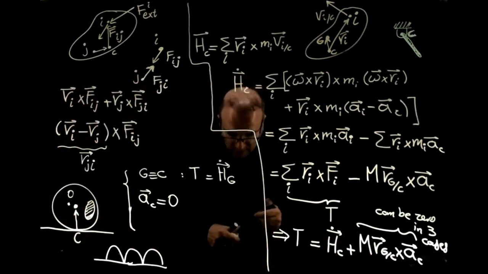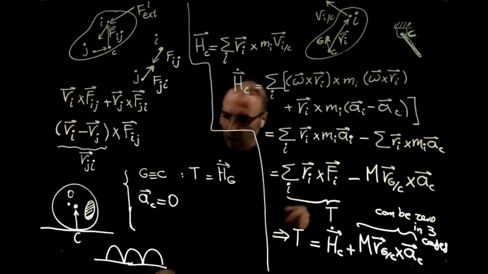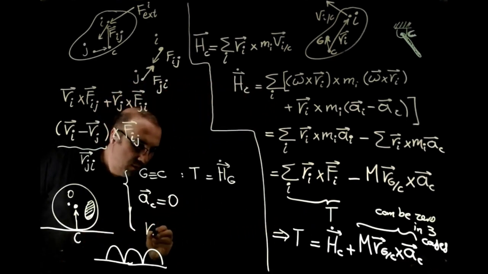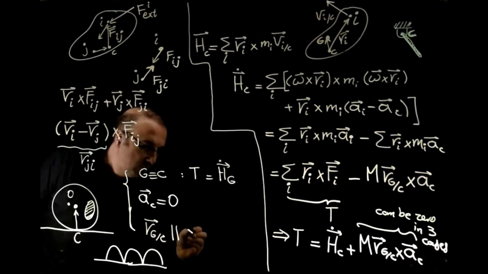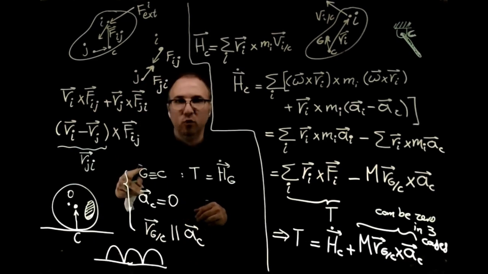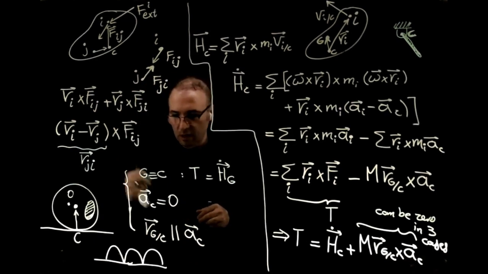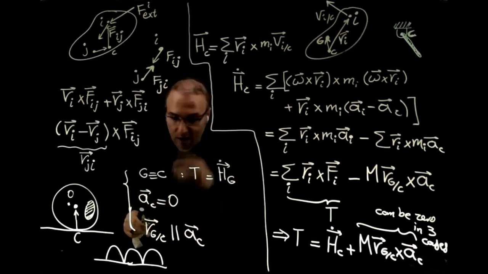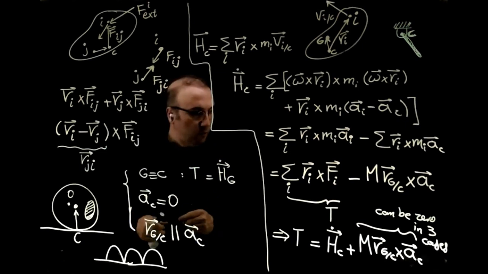So I would suggest that you pick, so this is the last case, parallel to AC, all right? I would suggest that you use these two cases to be safe and forget about this case. Although I have a video where I solve a problem with this case as well.